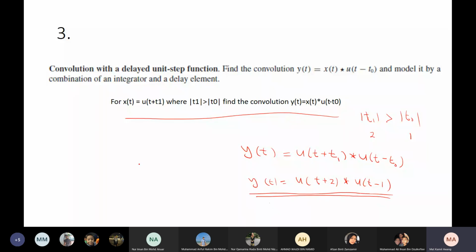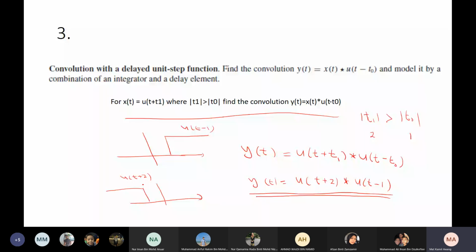So basically you have one, this is u(t minus 1). And another one, this is u(t plus 2). And then let's say you flip this one.